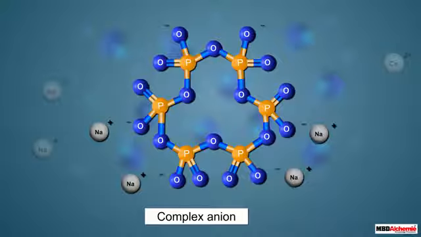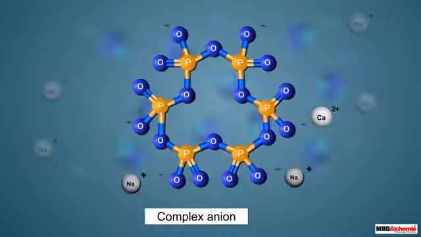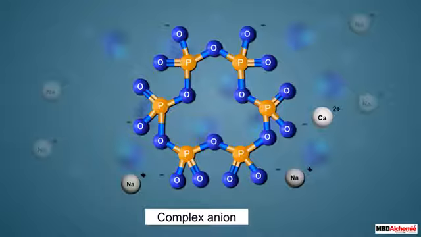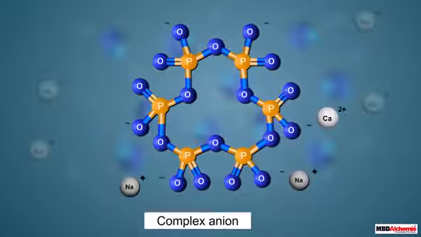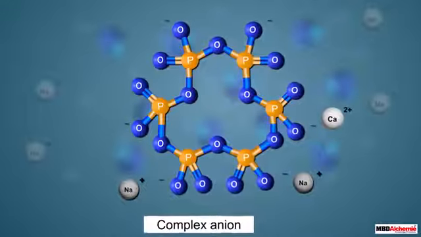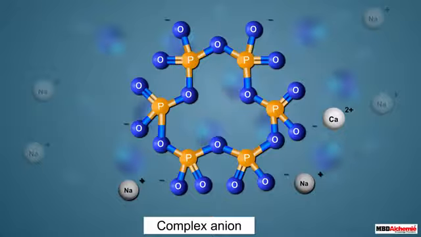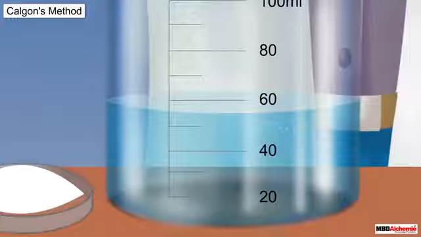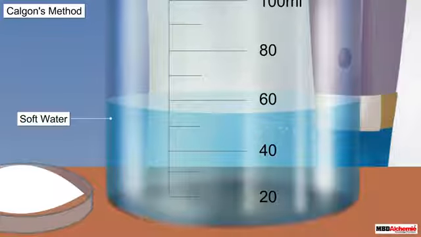The complex anion further loses 2 sodium ions and captures 1 calcium ion or 1 magnesium ion from the water in return. As a result, the calcium or magnesium ion of the water becomes a part of the complex ion and no more remains free. This way, the complex anions of Calgon capture all calcium and magnesium ions of the water, thereby removing its hardness.